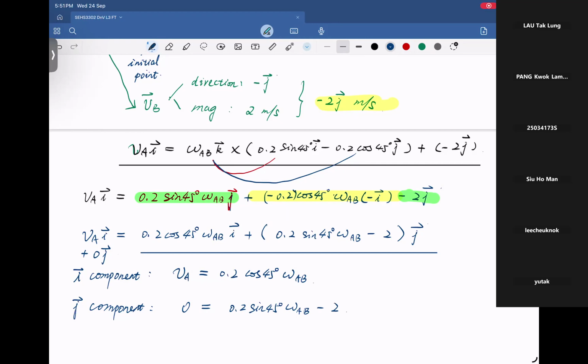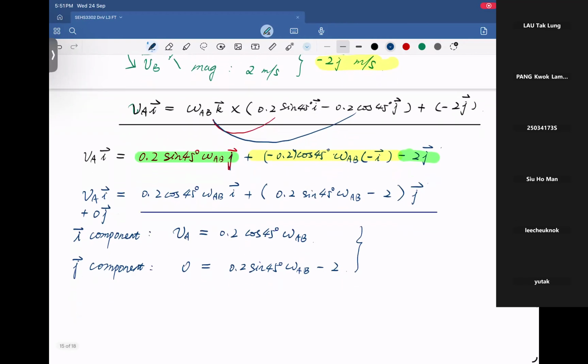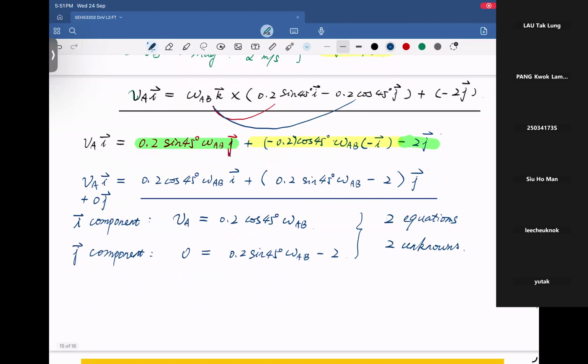We can solve these two equations. There are two unknowns and two equations, so it can be solved.